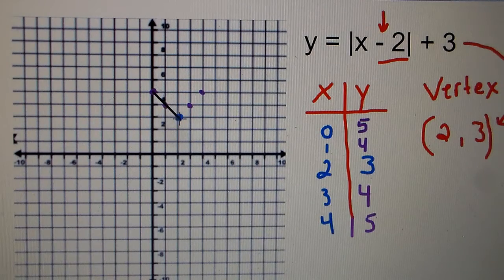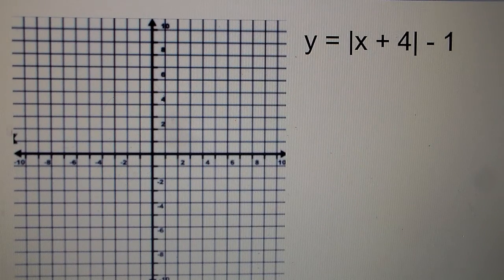We now connect them. Awesome, and that's how we successfully graph the absolute value equation.